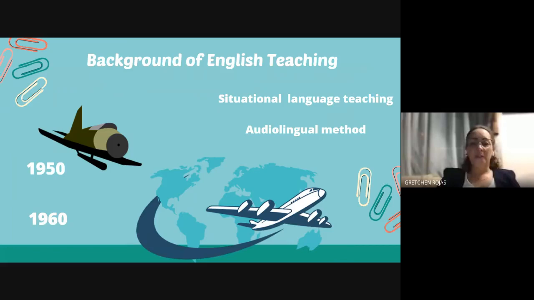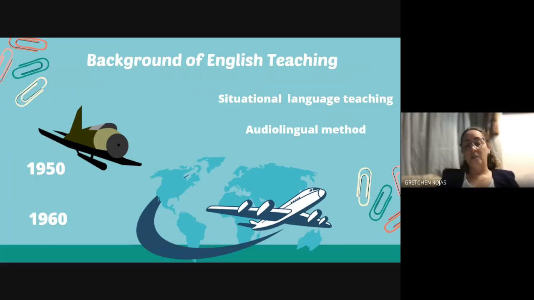I think it was around World War II that there was a lot of immigration, and the foreigners created a lot of demand on the U.S., UK, Canada, and Australia. After the 1950s, there was a boom in travel and tourism, and English became so important for trade and commerce.